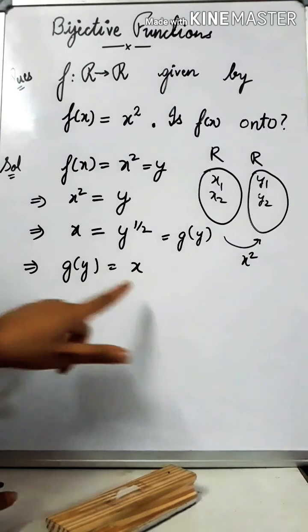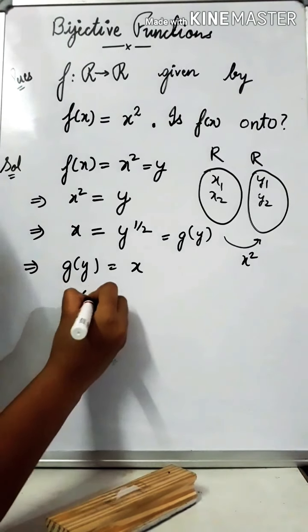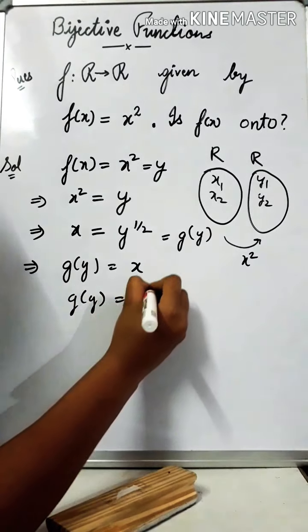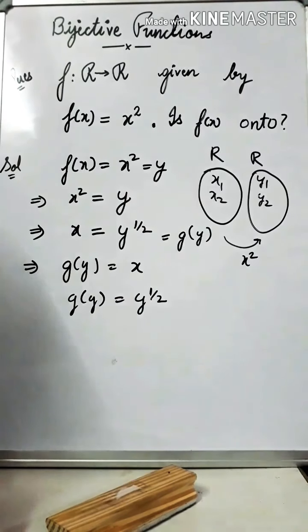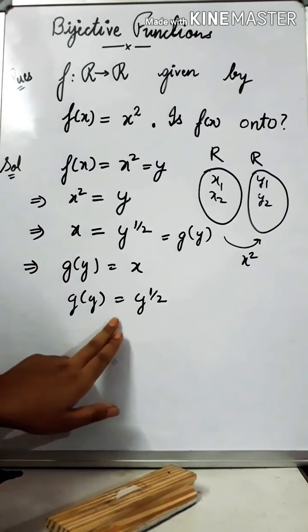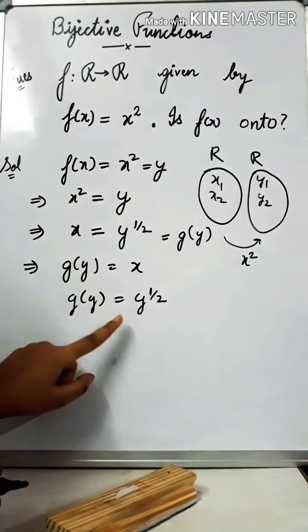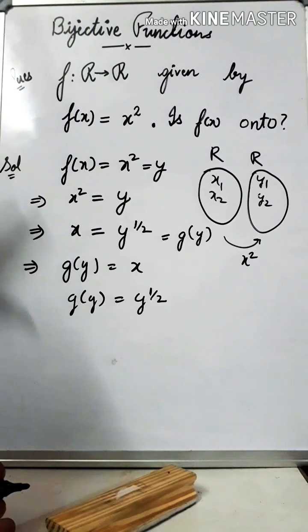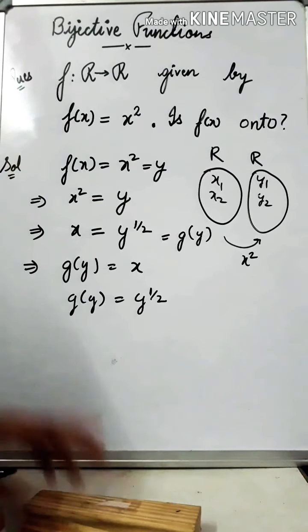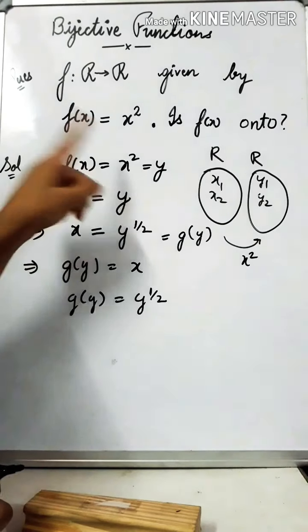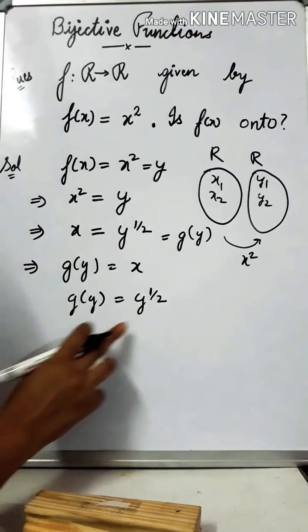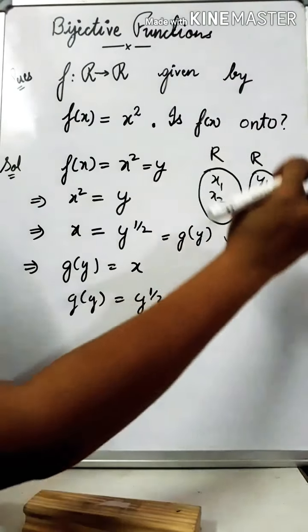Your function was initially a function of x, but now it has become a function of y. So this is the crucial step that you have to follow in the first place: convert the function of x into a function of y. So now you have shifted your solution to the codomain.